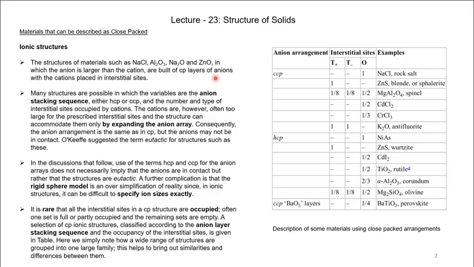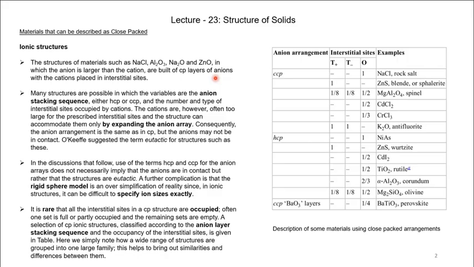And we said in the beginning of the structure of solids that we can describe structure with the help of unit cell description. Though it is very accurate, if we discuss the structure in another way, we get a more detailed concept of it.